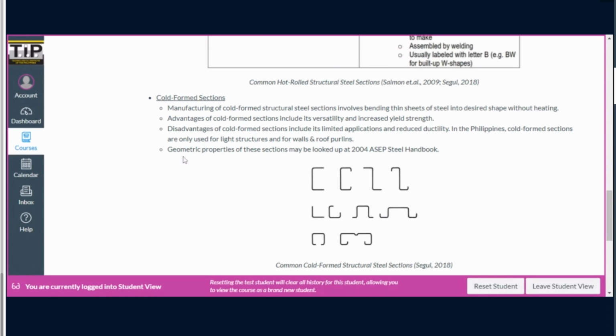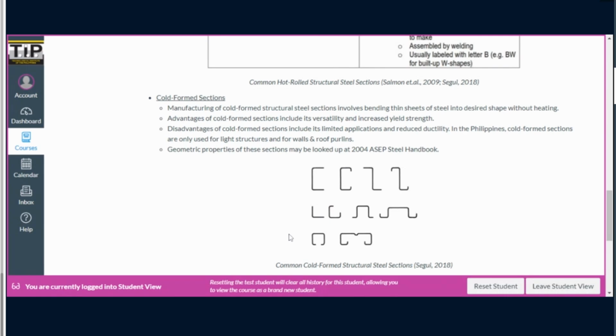So the disadvantage would be limited applications and reduced ductility. In the Philippines, we only use them for light structures, as well as for walls and roof purlins only. We do not mainly use cold form steel here for larger structures due to seismic reasons.